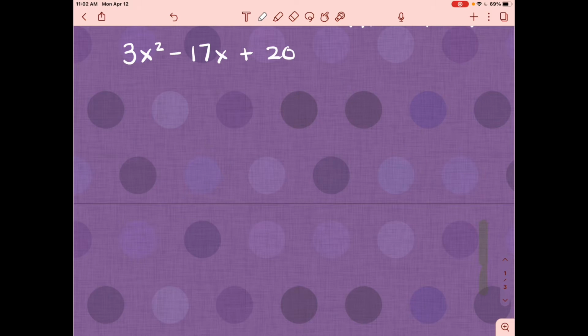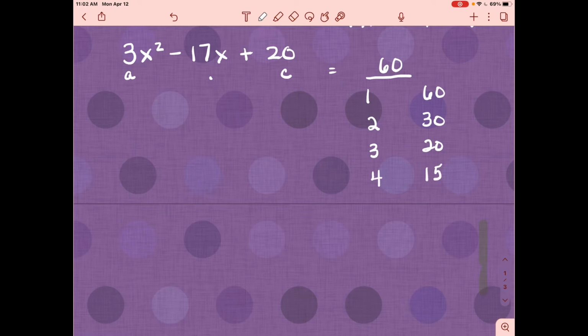All right, this time we're going to start. Here is A and here is C. I'm going to multiply those together. 3 times 20 is 60, and I need to get factors of 60. So 1 and 60, 2 and 30, 3 and 20, 4 and 15, 5 and 12, 6 and 10.